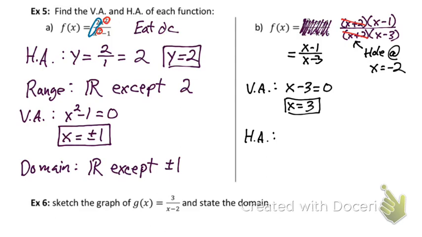They're the same, so we eat DC, which means we divide our coefficients. Our coefficients are 1 and 1, so our horizontal asymptote is y equals 1 over 1, or just 1. Once again, that comes from our coefficients. And that's my vertical asymptote and my horizontal asymptote.